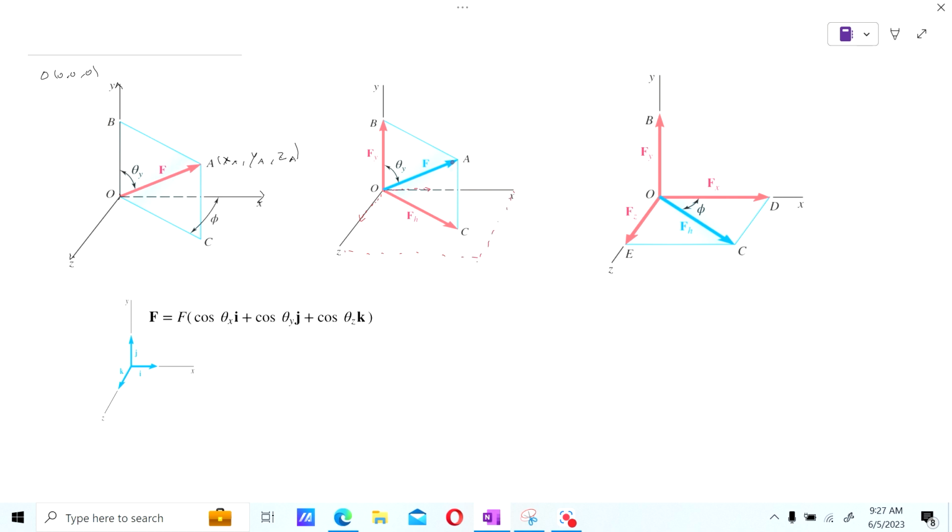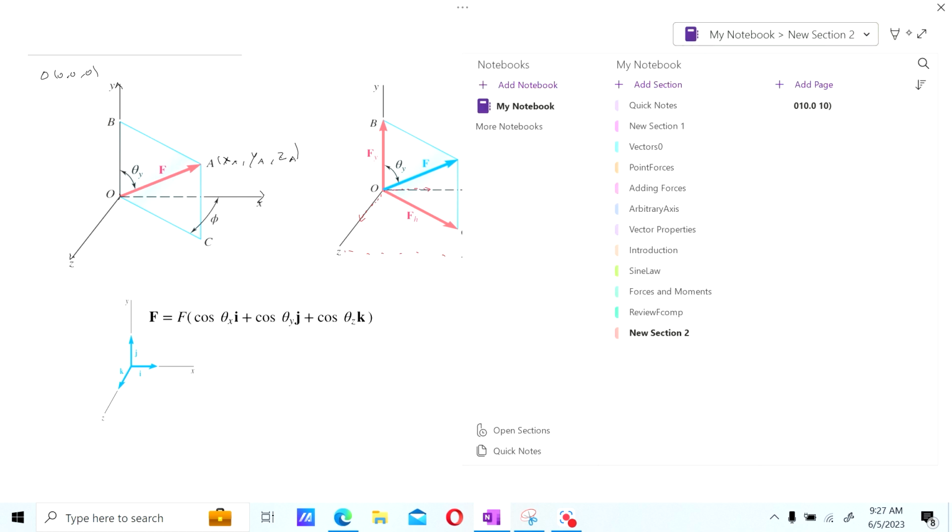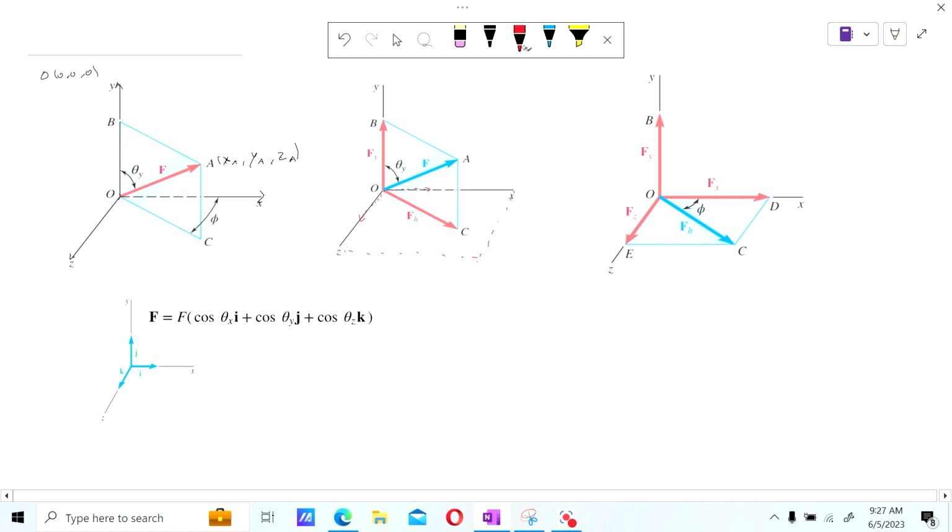When you project it, you will have the angle phi and, say, the angle alpha. And we know that alpha plus phi equals 90 degrees.